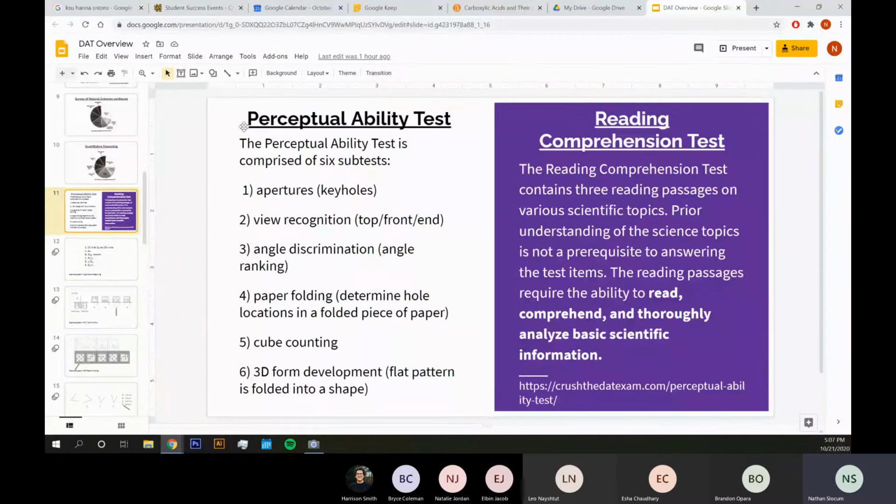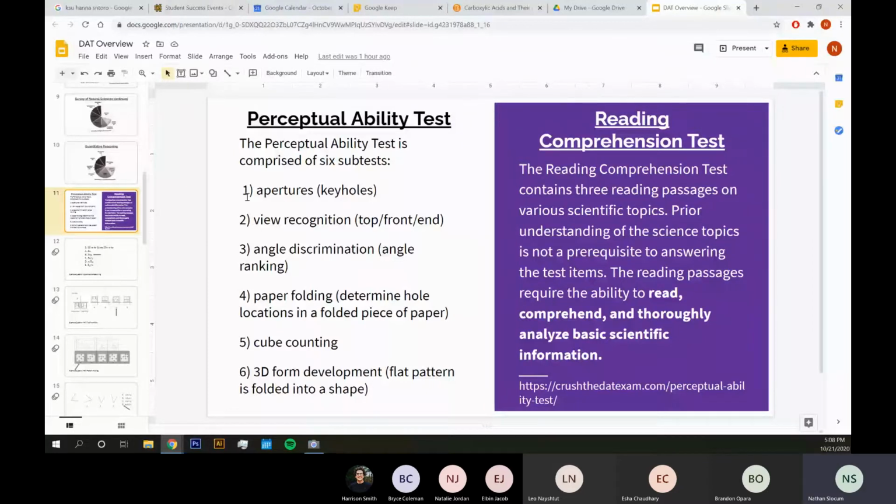So we've got the perceptual ability test and the reading comprehension test. The reading comprehension test is a lot of people's highest scoring section, but it can also be tricky. I've heard some say it's really easy, one of the easiest sections, but then when they come back, it's actually close to one of the lowest scoring sections.